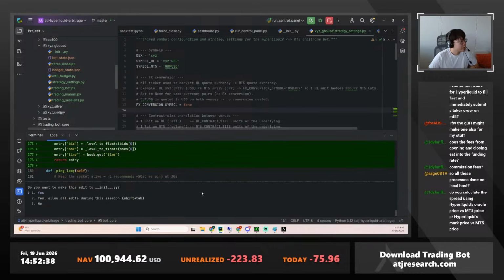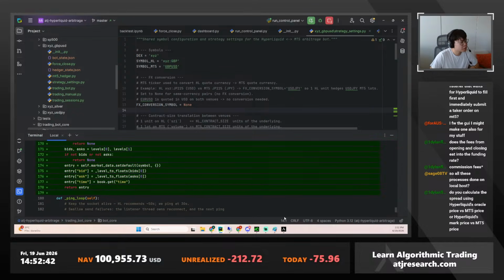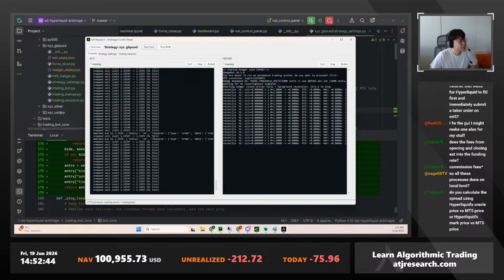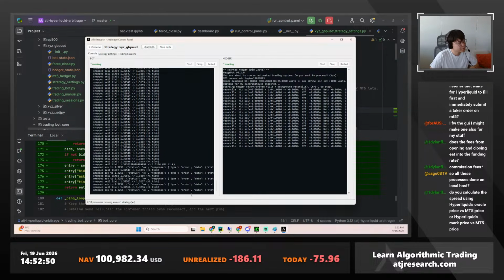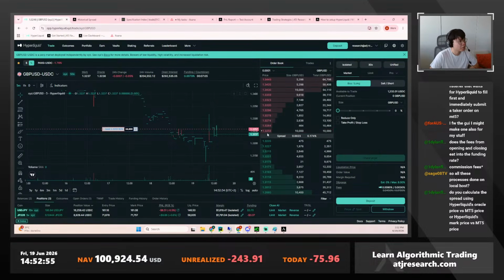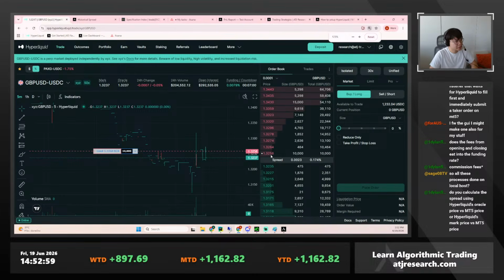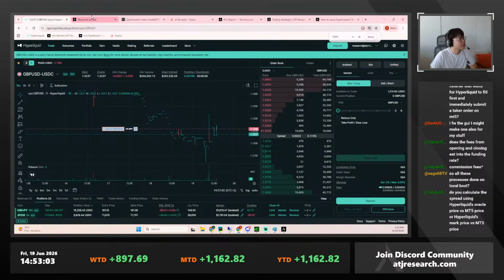Okay, so we added these changes. Now if I restart, oh no, now we finally got a price update. So now we are quoting limit prices on GBPUSD. This is great. If we look at Hyperliquid now, what you can see here is our limit price. We're trying to sell because GBPUSD is heavily overvalued on Hyperliquid.